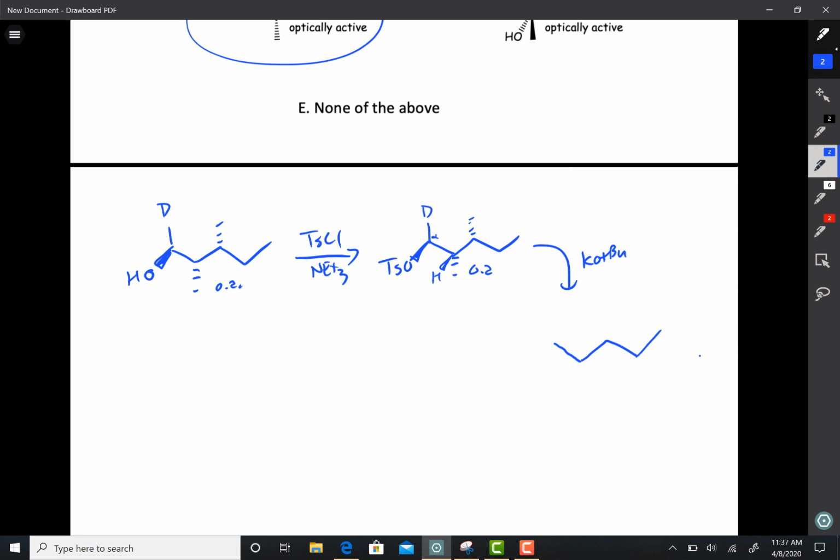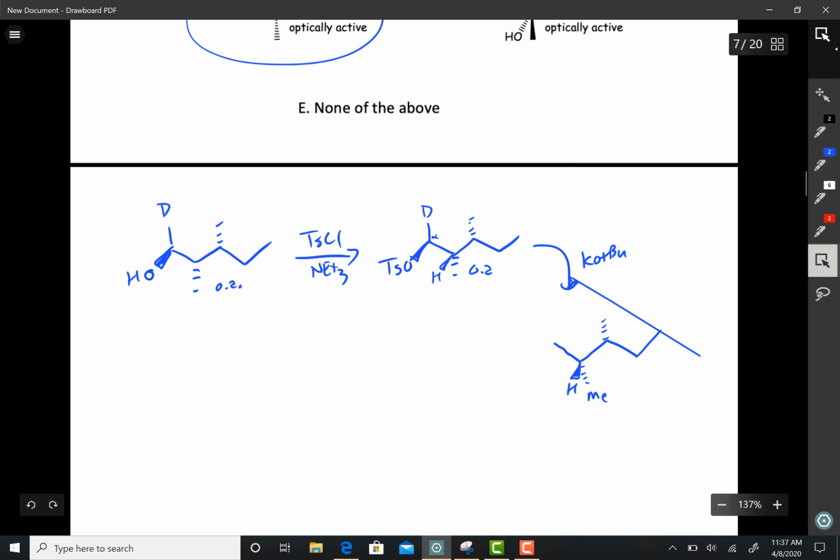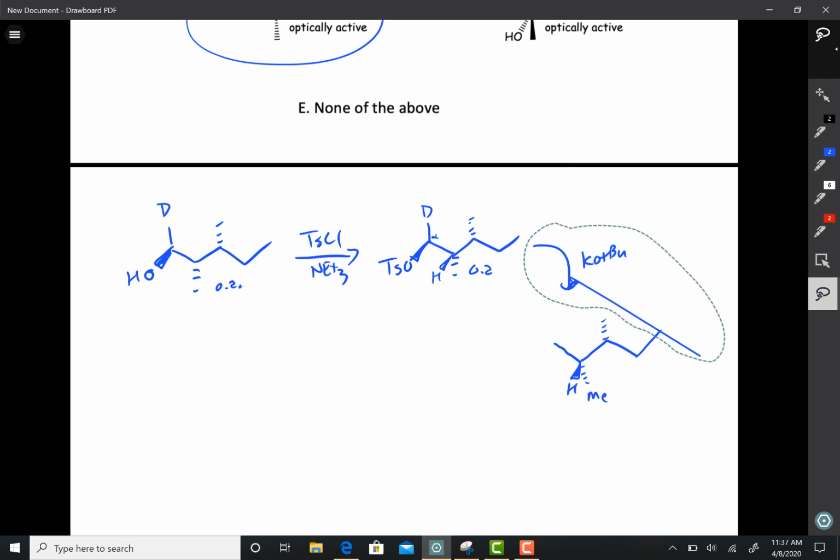So right now, that hydrogen is a wedge. And that tosyl group is a dash. My pen's not working. Okay, pen's not working.